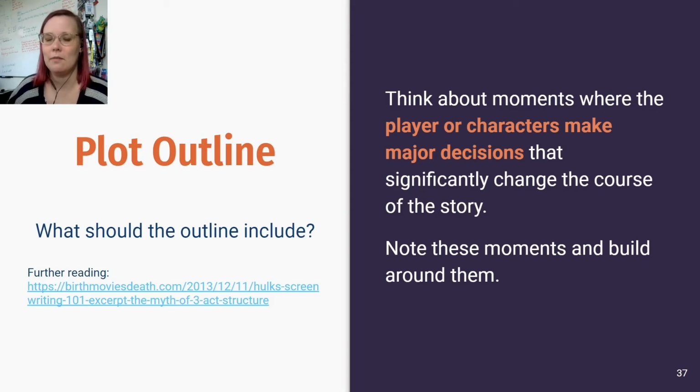So this system where you are creating as many acts as are needed to determine all of the major decisions that significantly change the course of the story is a much better way to do it. But I think the article explains it better than I do. So it's worth checking out.